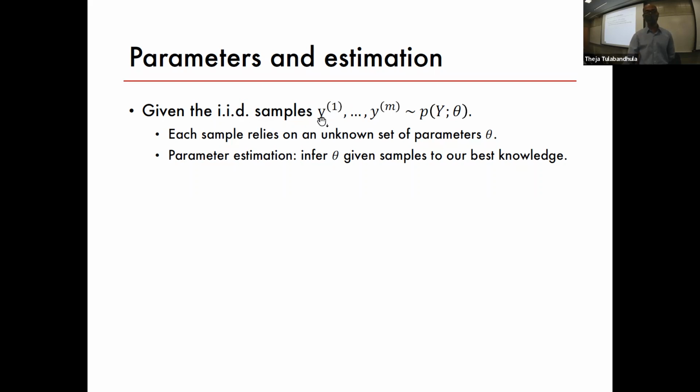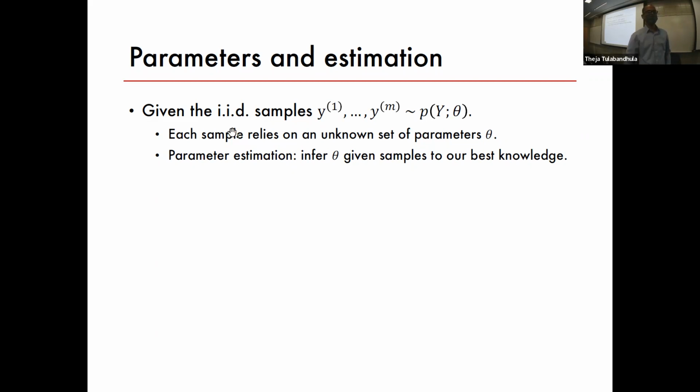So y1 doesn't depend on the value of y2, or y3 doesn't depend on the value of y4 or y2, and so on. A given realization has nothing to do with whether other realizations were high or low. So that's independent. Identically distributed because they're all being sampled from the same underlying distribution, whose parameter we just don't know.